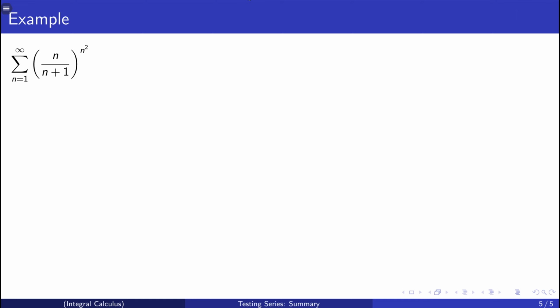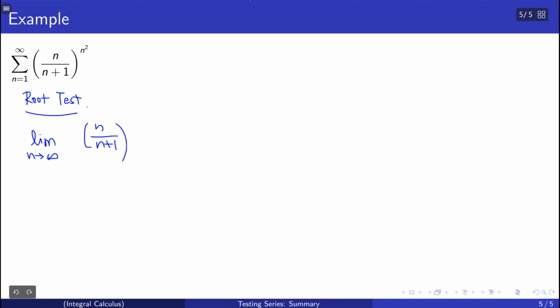Okay, now look at this one. It has an n squared as an exponent. So maybe, just maybe, the root test is going to be useful here. Okay, well, let's try it. n over n plus 1. So it's technically the absolute value of a_n raised to 1 over n, right?